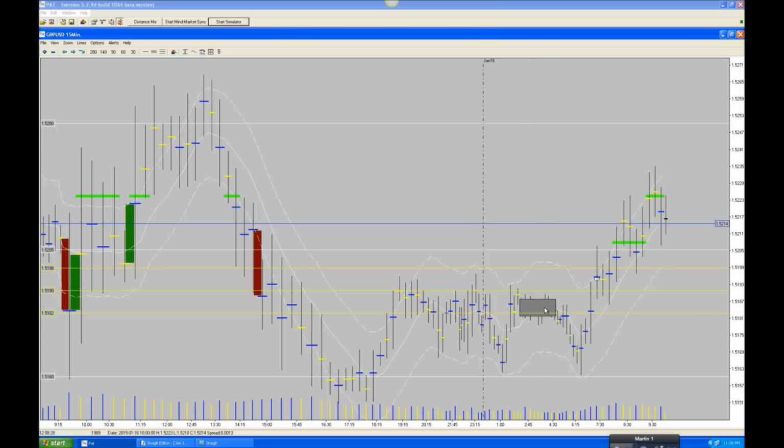But my argument really is: don't overcomplicate this business. Wait until you find the underlying strength or weakness in the market. Once you have that, everything becomes safe about trading. It becomes a much easier process to choose the trade where you want to be, because you have that underlying strength or weakness.